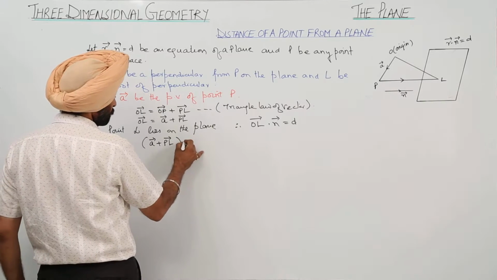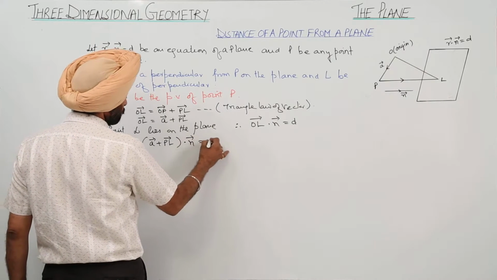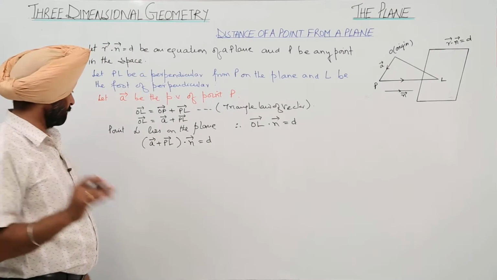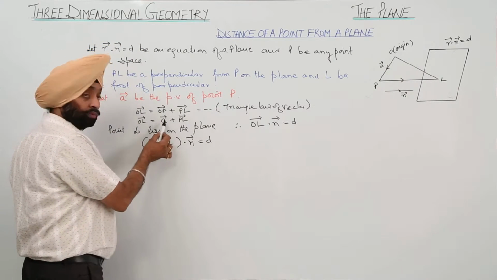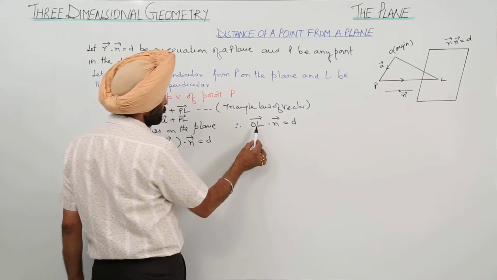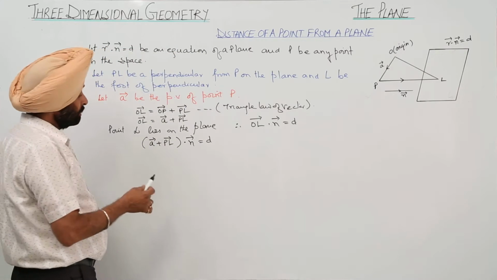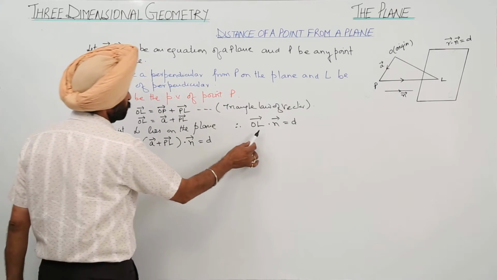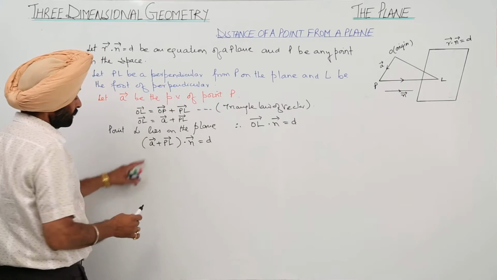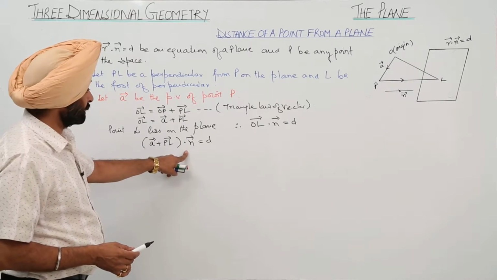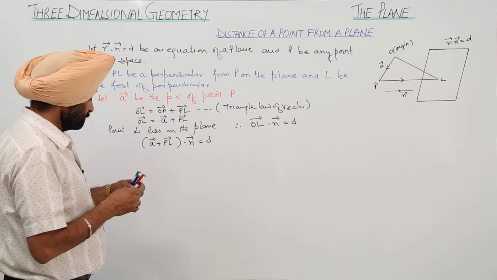Okay. Dot vector n is equal to D. Now once again, OL is equal to vector A plus PL. Here OL dot vector n is equal to D because L lies on the plane. Therefore, in place of this OL we are putting vector A plus vector PL. So vector A plus vector PL dot vector n is equal to D.